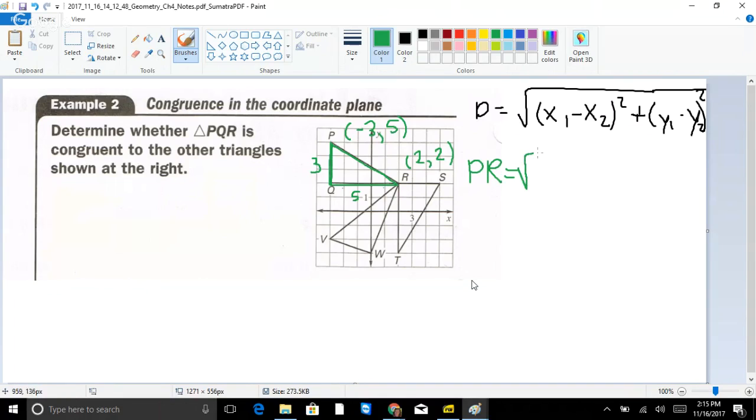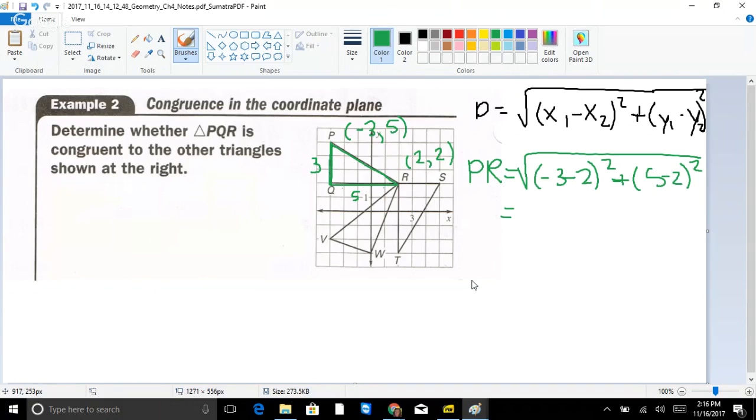So the distance between P and R is going to be the square root of my change in x. My change in x goes from -3 to 2, squared. And then the change in my y's is going to be 5 minus 2, squared. Sorry for the crazy writing.